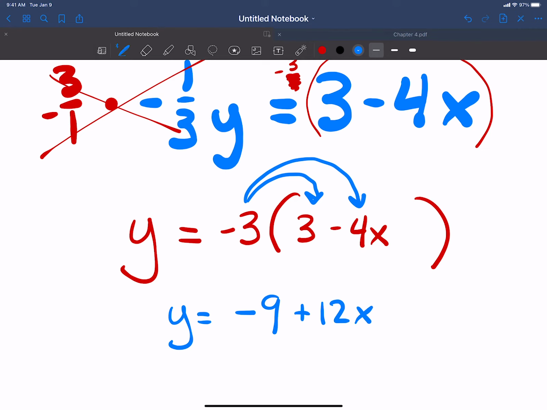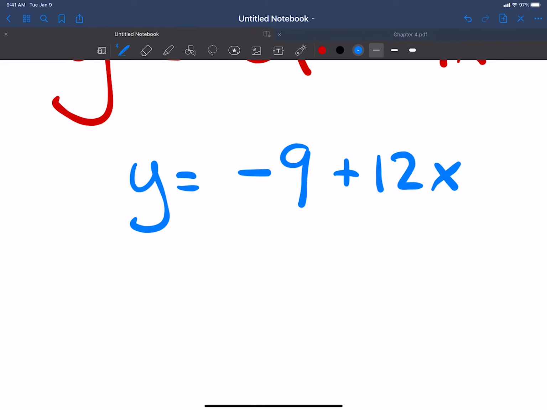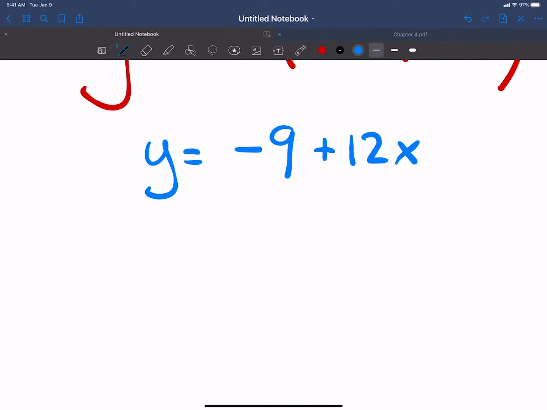And guess what? We're done. Does this look like y equals mx plus b? Yes, it's just a little backwards like last time, right? Which is totally fine. What is the slope? Right there. And slope is what? Remember, we like it as a fraction. Slope would be 12 over 1.